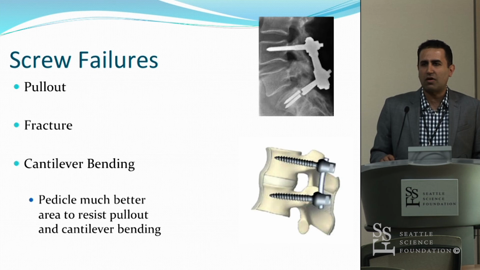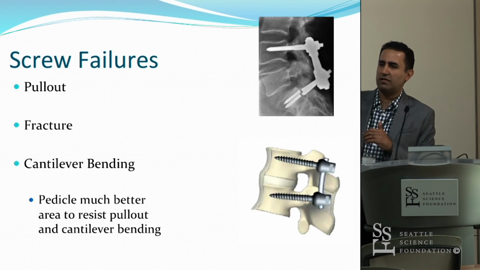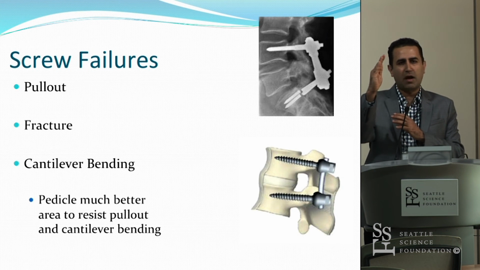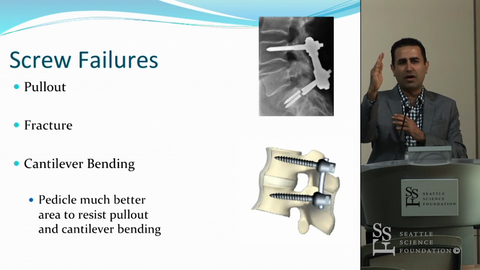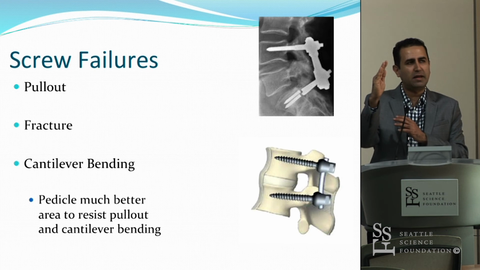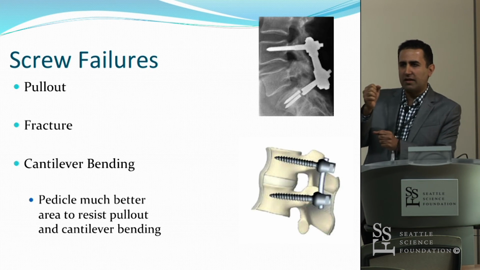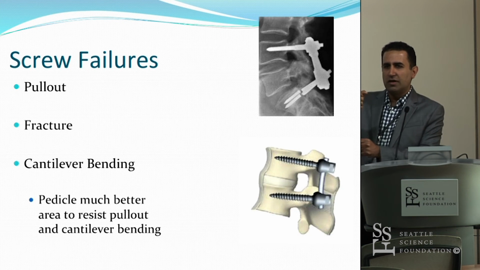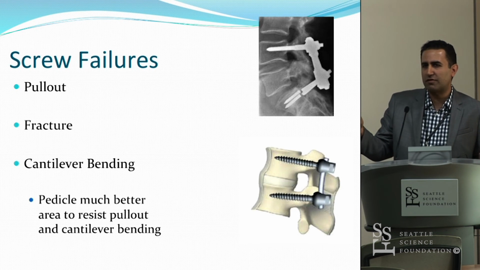And you also have this concept of the cantilever. We talked about this cantilever bend where there's a bending moment. So if you end up applying too much axial load to the cantilever, what'll happen is it'll fail, and the cantilever will, through shear, change its direction. So when we talk about windshield wiping of the screws and pseudoarthrosis, that's what's happening.